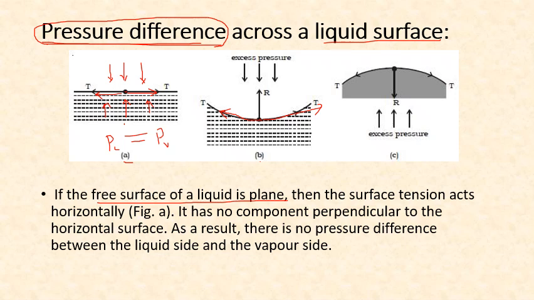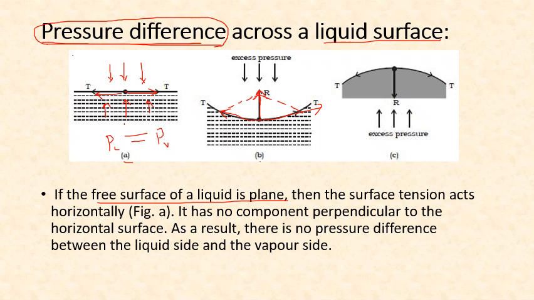Here, as you can see, the resultant of these two surface tensions will be a force upward. If you draw a parallelogram, due to the parallelogram law of vectors, you get the resultant force due to the surface tension upward like this.